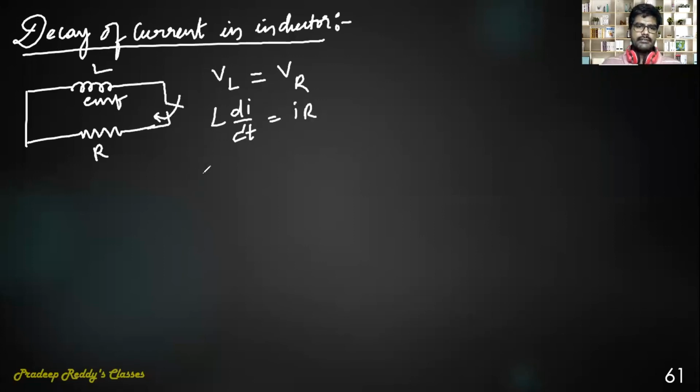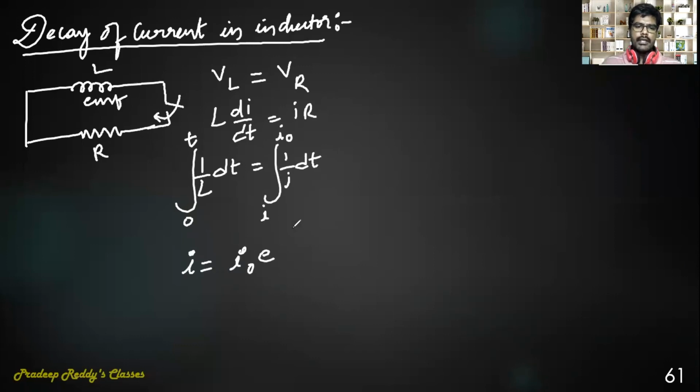From here you can write 1 by L into dt is equal to 1 by I into dt. Now you can just integrate this on both sides. Limits are from 0 to t seconds, and current is from I to I naught. If you integrate and evaluate this, you can write I is equal to I naught into e power minus t by tau. Of course, there will be R here. I'm sorry, R is missing.